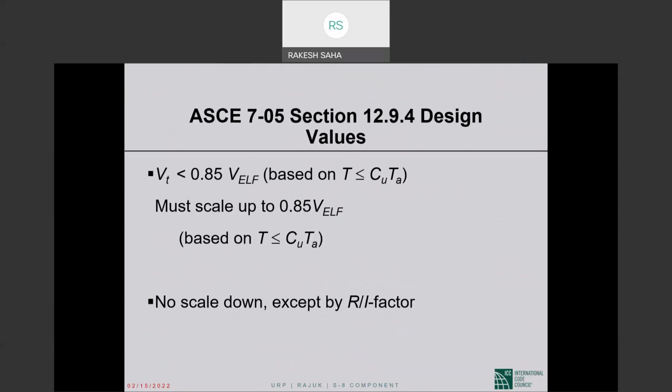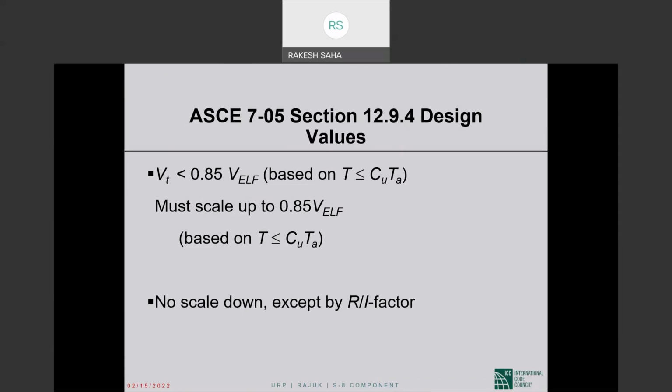Then we are doing all of this, but we don't want to cut our ties to the equivalent lateral force procedure. Somehow we have a lot of confidence in it.